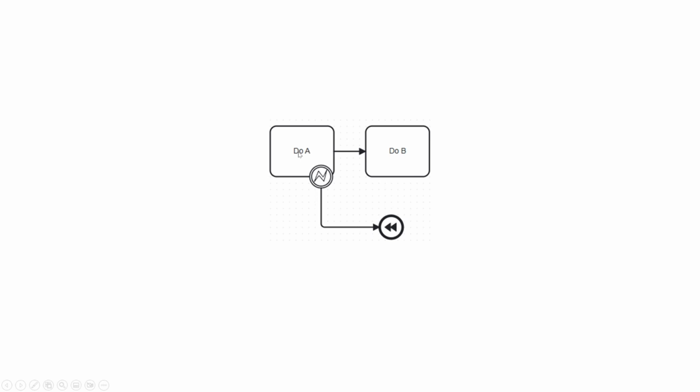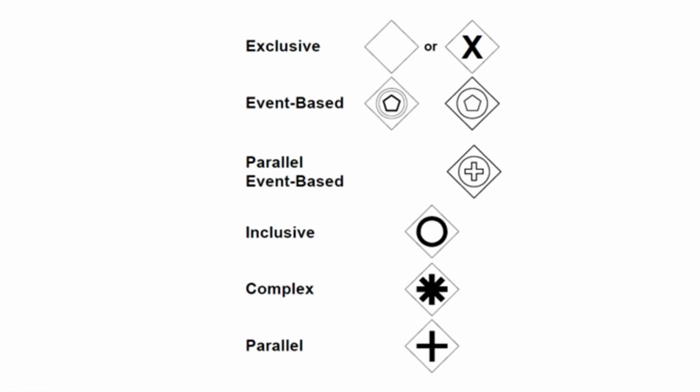Let's say A has written something into a database or somewhere else. If we have an error here, we try to compensate for this, so we try to reverse it or undo it. However, if no error occurs while doing A, we just do B, and the path down here will never be conducted.